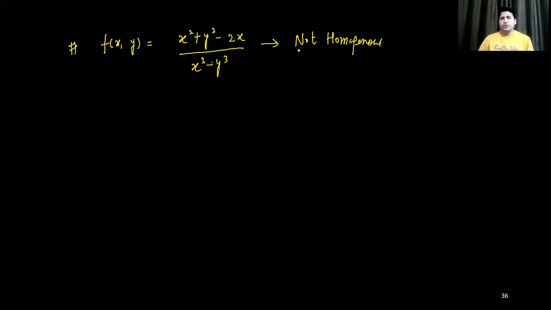Why is it not homogeneous? Let us see. You can see the degree of the numerator is not unique, meaning the numerator is not a homogeneous function. Its degree is 2, and the last term has degree 1. Since the numerator is not individually a homogeneous function, the whole fraction is not a homogeneous function.